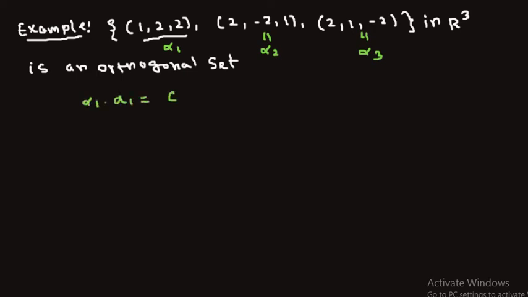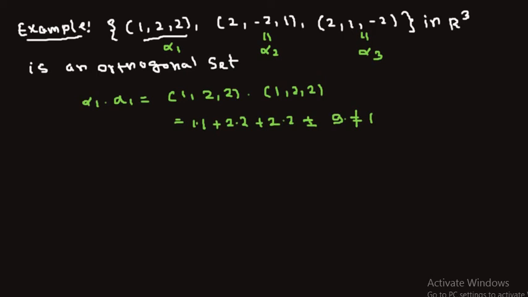Let's see what we have. (1, 2, 2) multiplied with (1, 2, 2): 1 times 1 plus 2 times 2 plus 2 times 2. So 1 plus 4 plus 4 gives 9, which is not equal to 1. So clearly this set is an orthogonal set but not an orthonormal set.